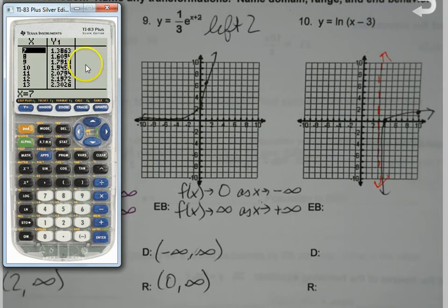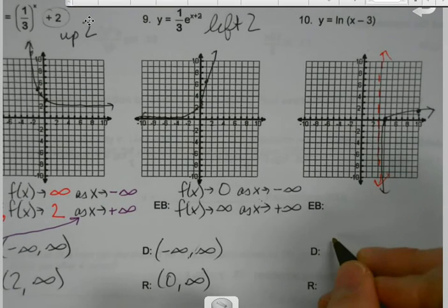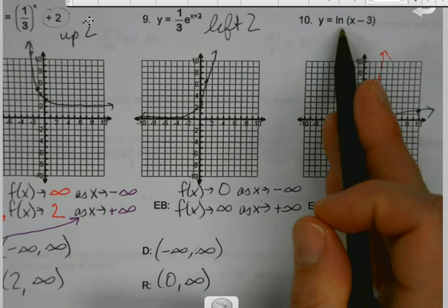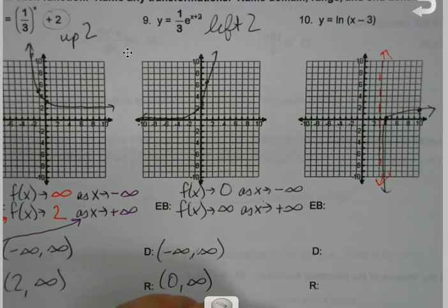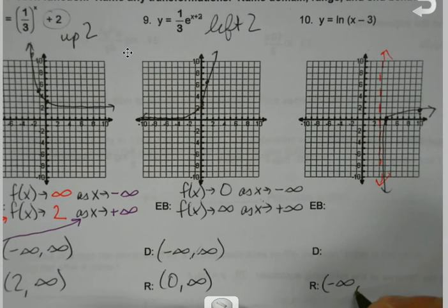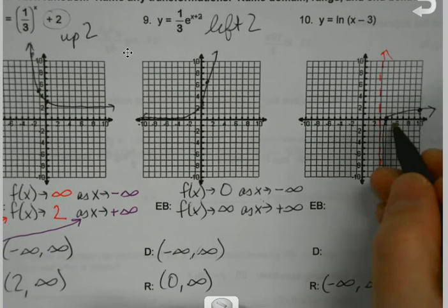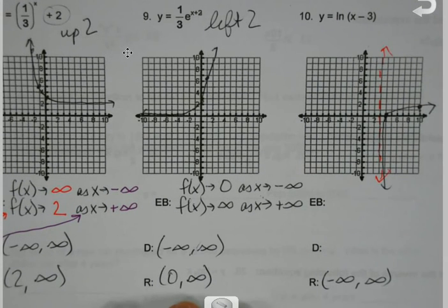And now I can get all the rest of my info because now I've got a picture to work with. So I'm like, okay, let's see, domain. Is that still negative infinity to infinity? No. When we go to logarithms, logarithms behave the opposite of how growth and decay do. So on these, it's my range. Forever down and, a little bit less obvious, but forever up.